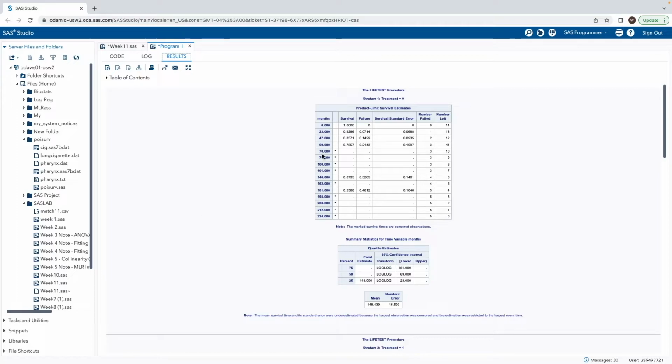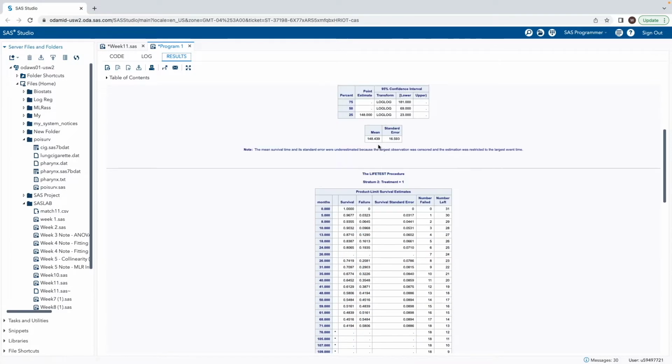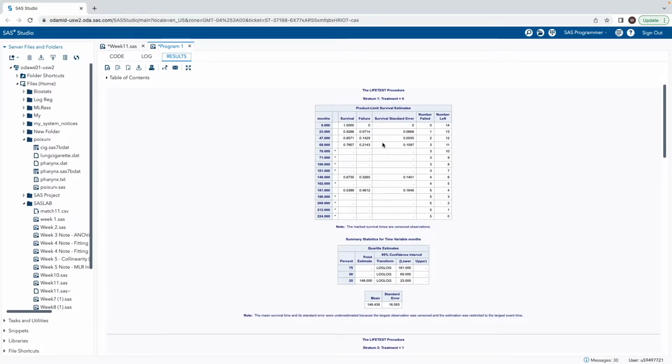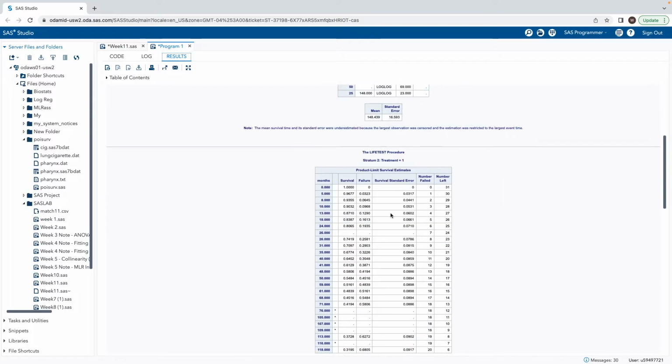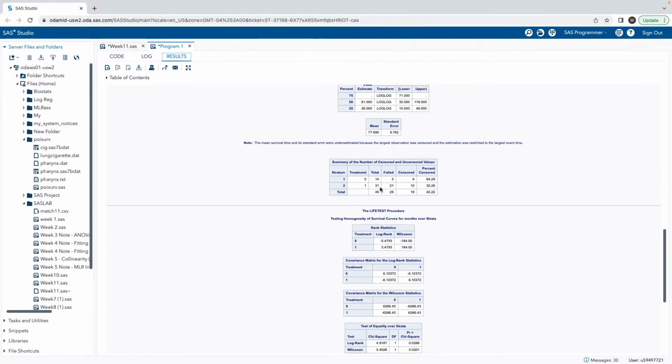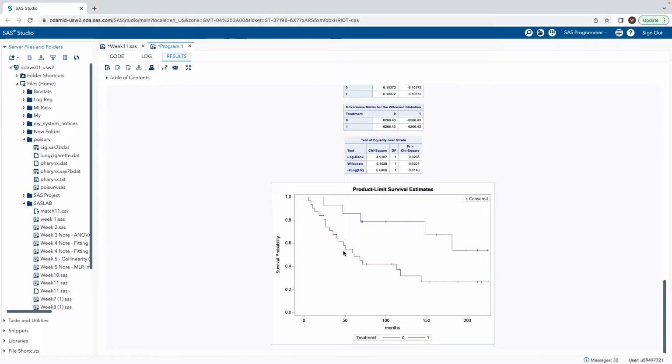So when we run this, we get our survival information stratified by treatment status. So there's treatment negative and treatment positive. And at the bottom here, we have our Kaplan-Meier survivorship curve, which, if you're not familiar with that, requires a video in itself.